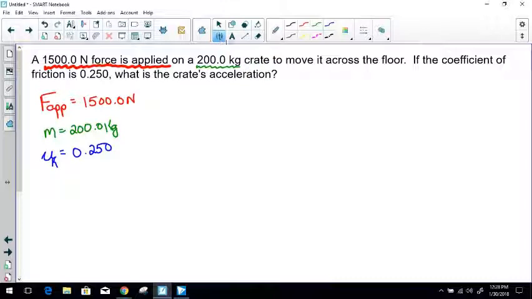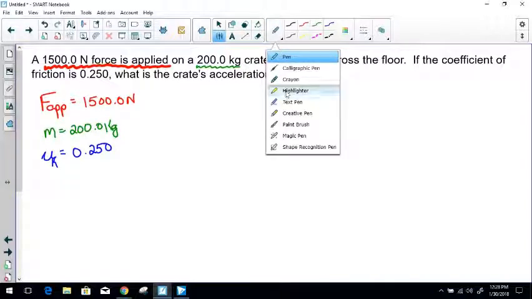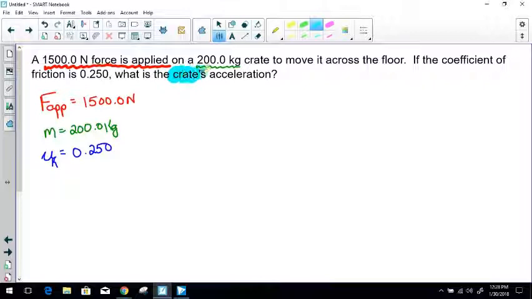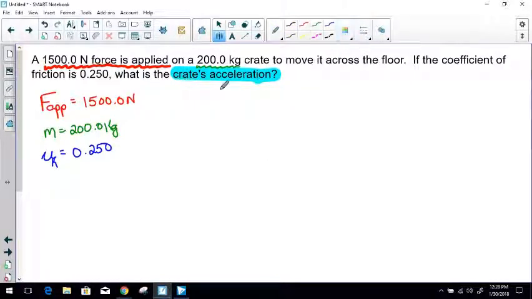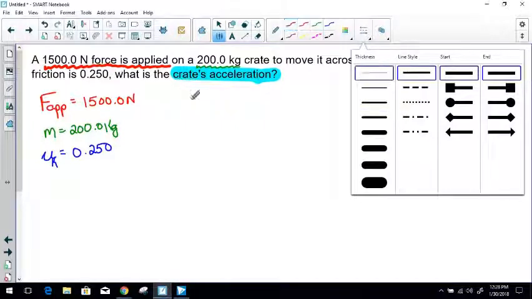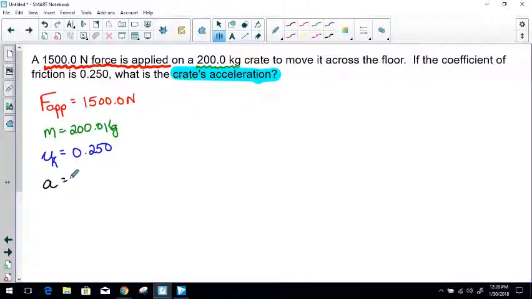There's no mention of constant speed. So what is the crate's acceleration? That's what we're looking for. So a equals question mark.